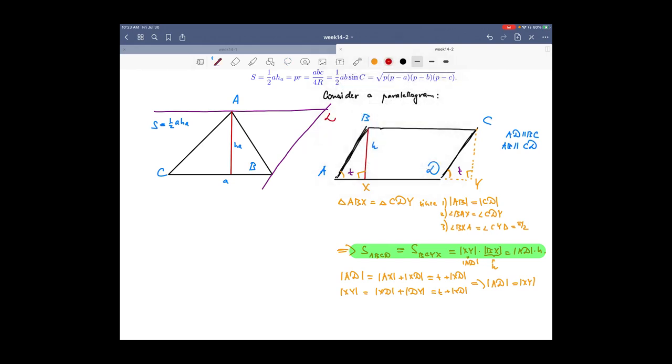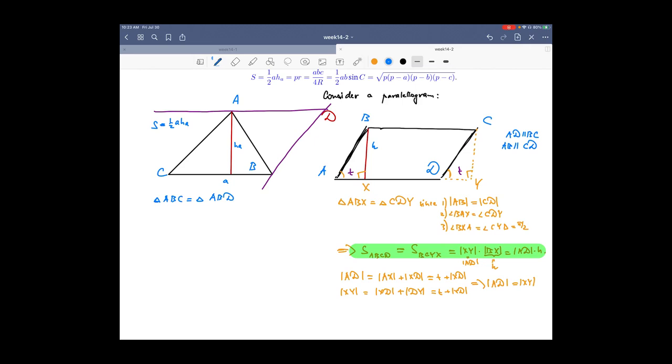Let's call this point D. I claim that the triangle ABC equals triangle ABD.